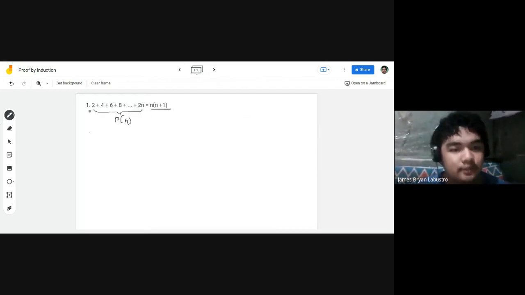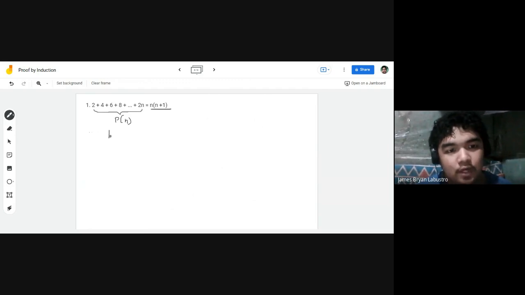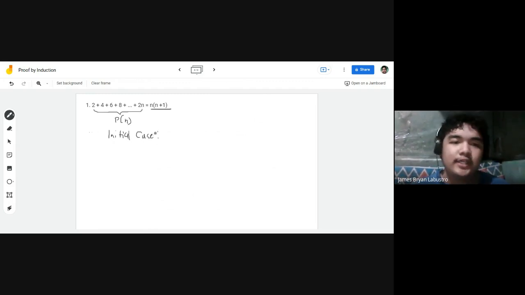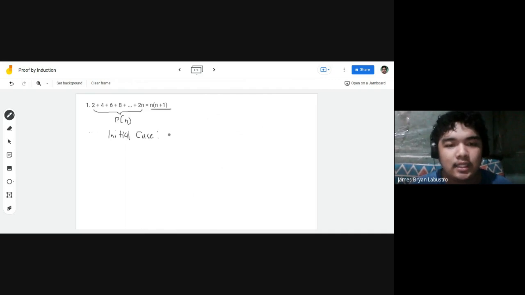First things first, we have the initial case. When we say initial case, we let n equal to 1, probably the first term.